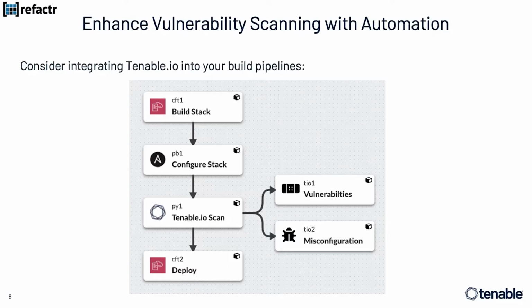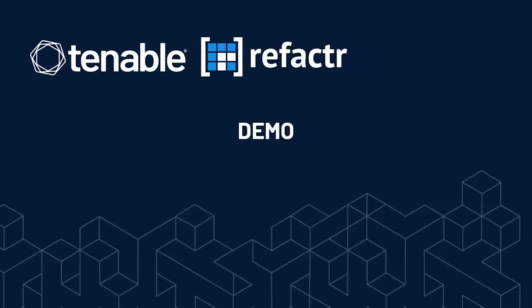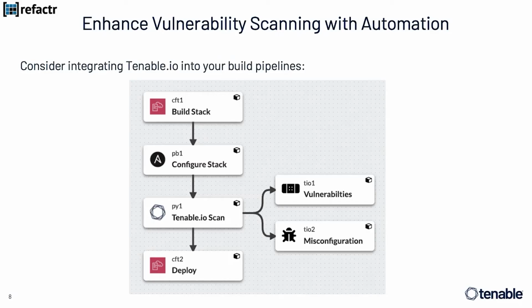Okay, next. It's good to present how these pipelines get packaged up too. You can build a pipeline inside of the Refactr platform around Tenable.io. You can build different pipelines depending on how you want to structure things.